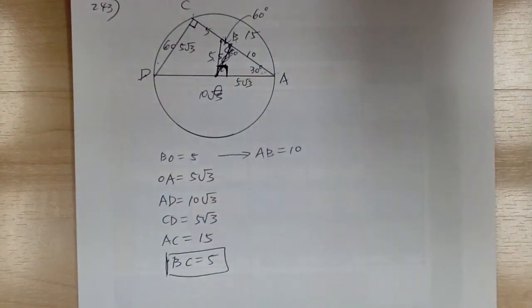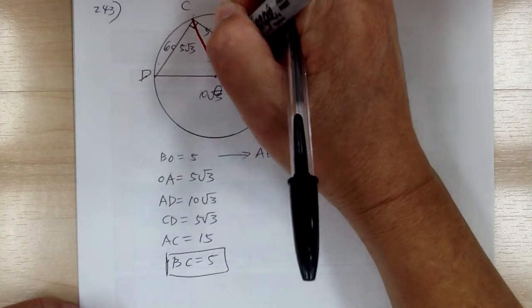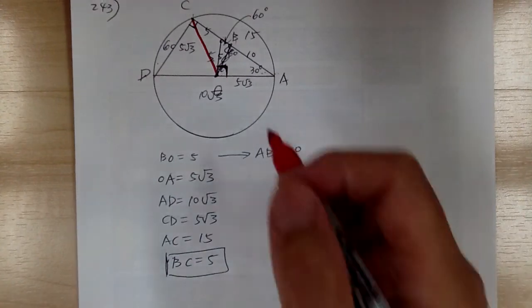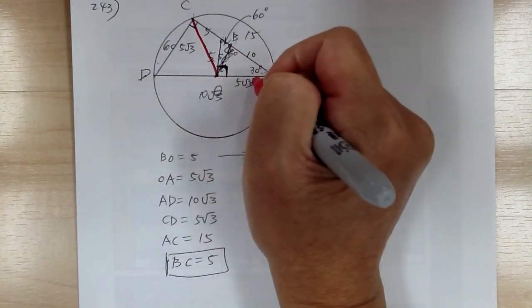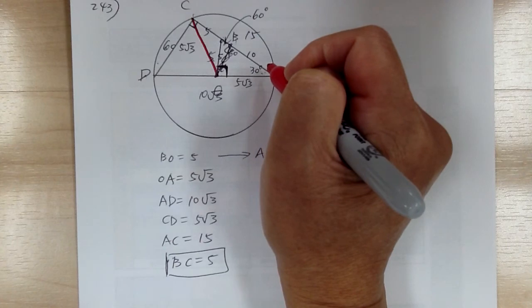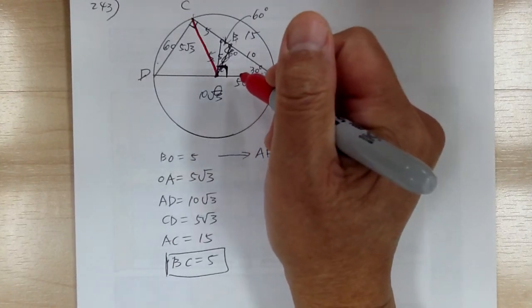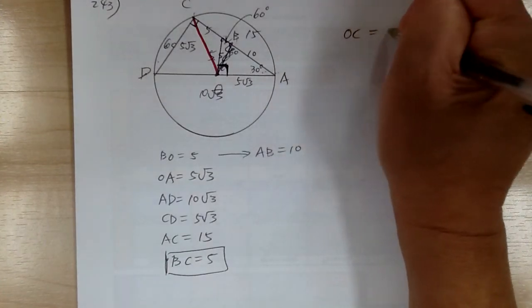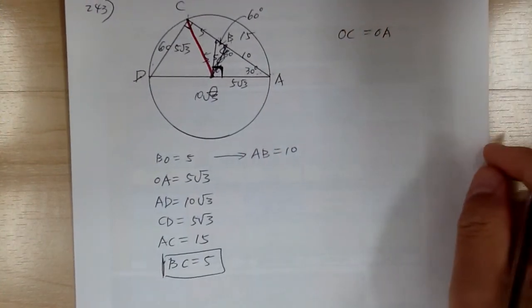Another way to do this problem is to draw OC. If you draw OC, then you can see that OC equal to OA because both are radii, right?